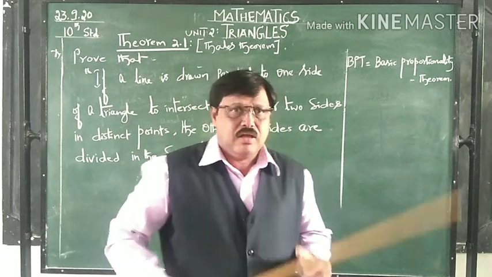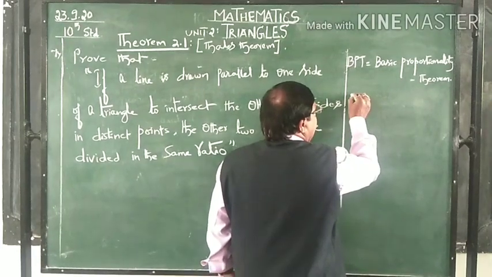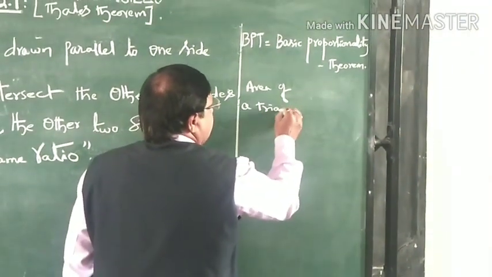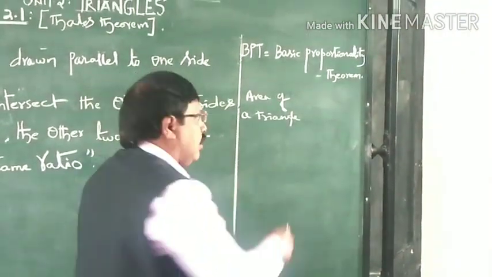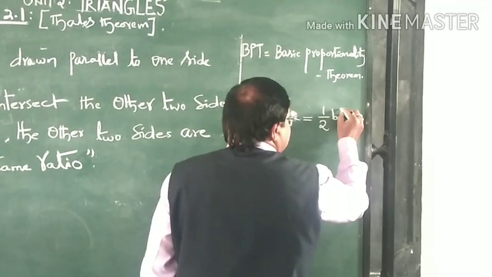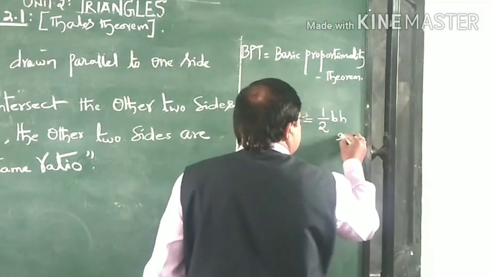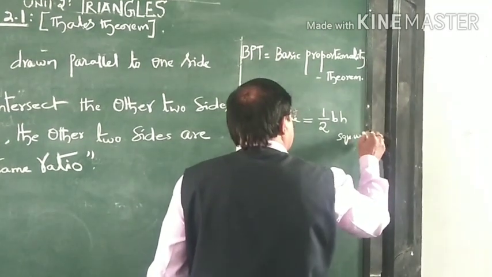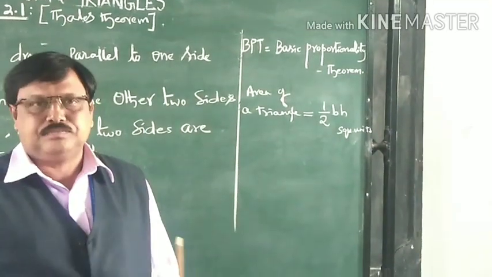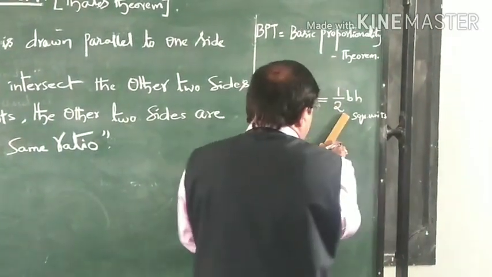To prove this, we need some basic formula. I will write right hand side of the board. Area of a triangle. I use this to prove that is half base into height, square units. And then we need the altitude, the height.